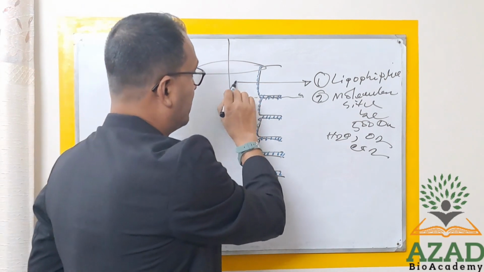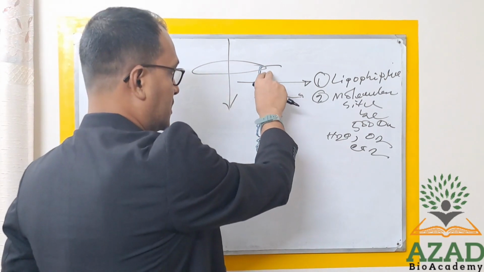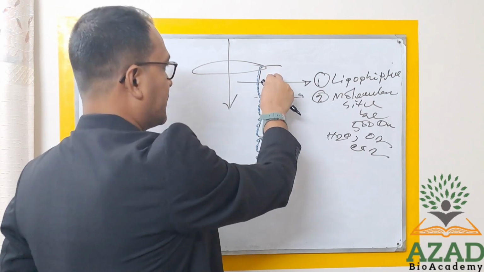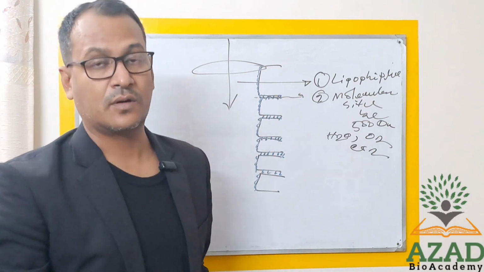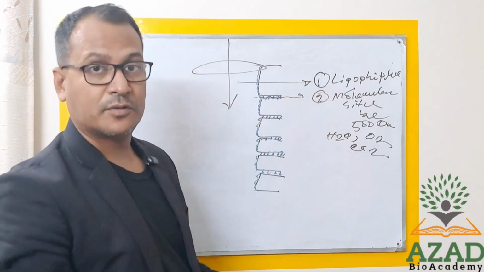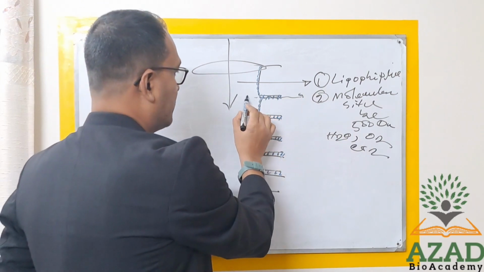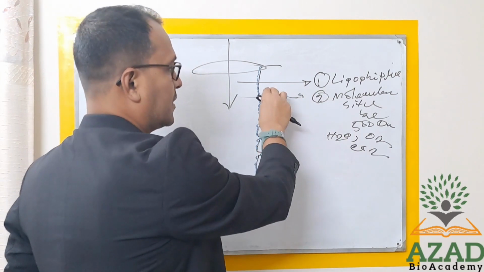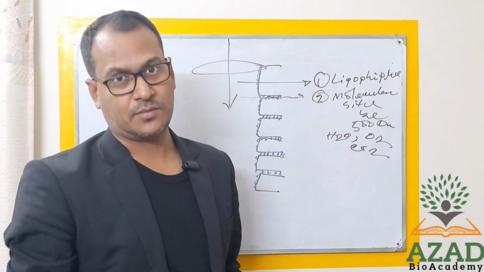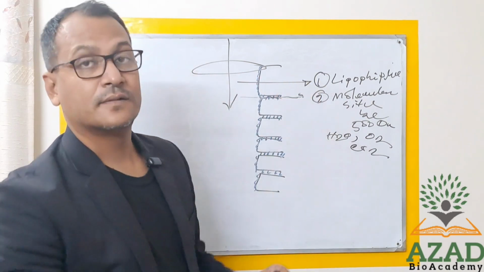Through the membrane, that is the cellular part, the endothelial cell, that transportation is called transcellular transportation, and when it passes through the gap between two cells, that is paracellular transportation.